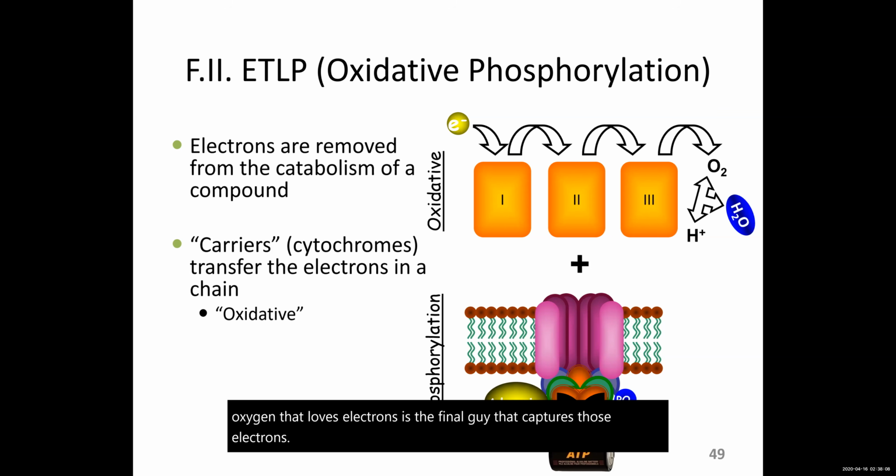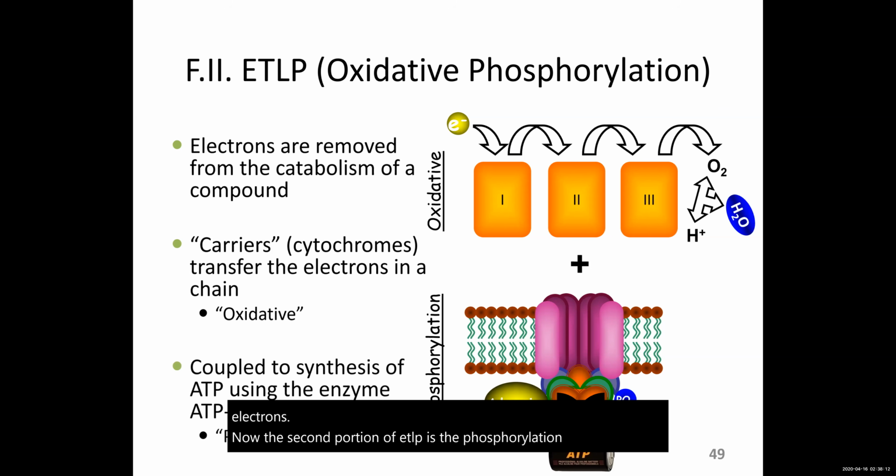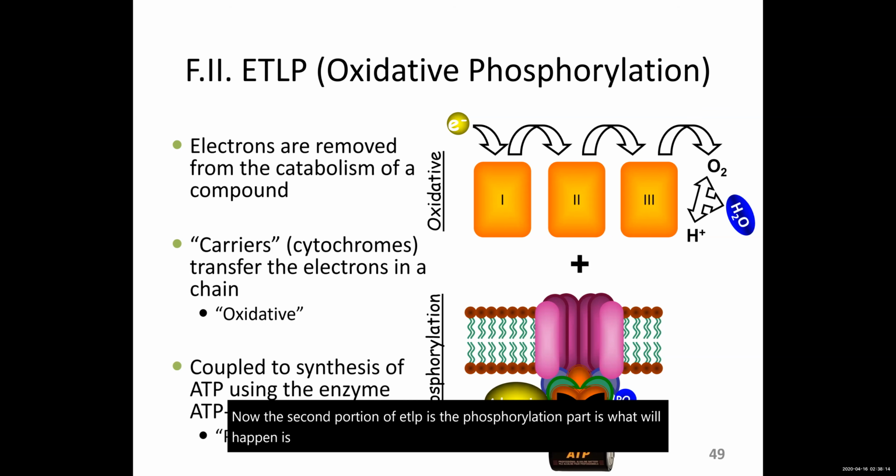Now, the second portion of ETLP is the phosphorylation part, because after this exchange of electrons back and forth, the oxidation part, we harness enough energy to be transferred to the building of ATP in the process of phosphorylation. When we get to that step, we'll look at all the details behind it.